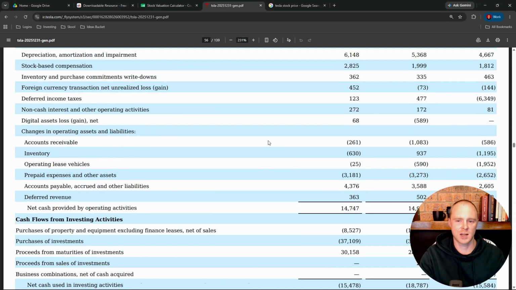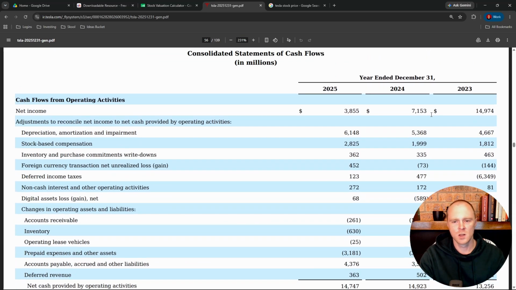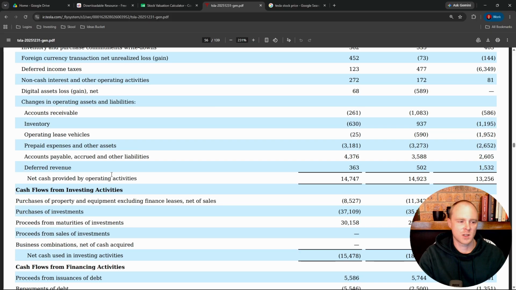But this is going to be a pretty fudged figure because there's a lot of non-cash charges that get influenced. So let's have a look at the cash flows. Once all those adjustments come out, our net cash provided by operating activities is actually fairly flat. We've got 13 to about 15, and then a teeny bit less at like $14.7 billion.